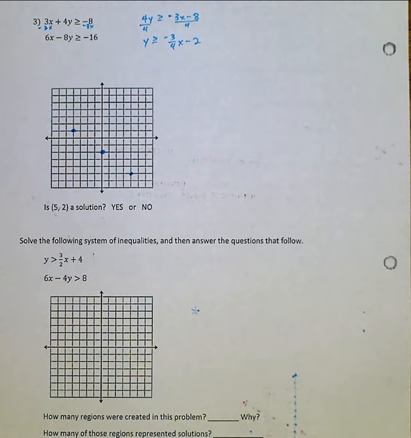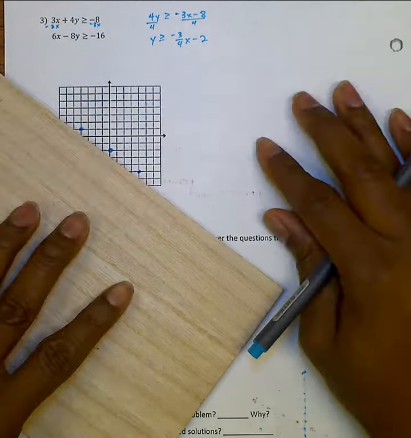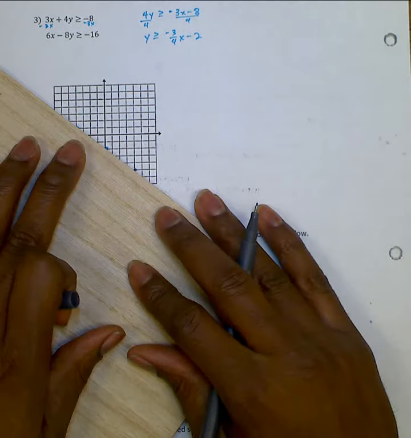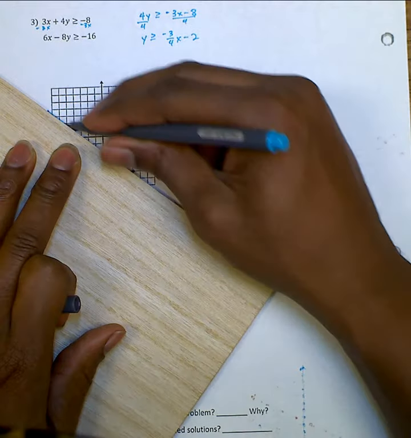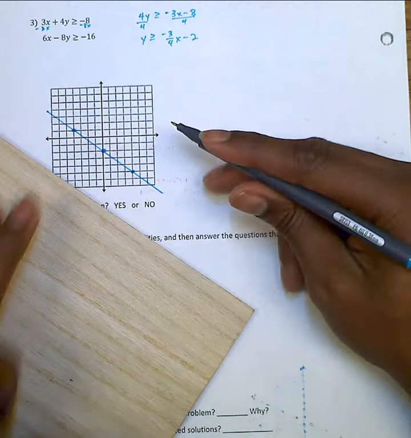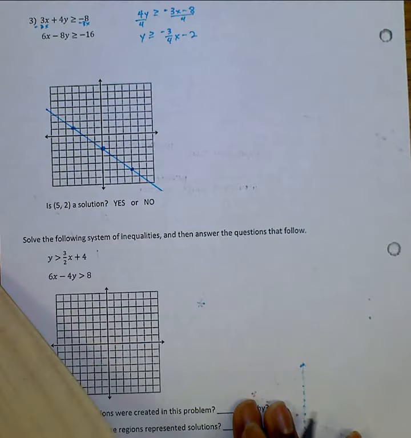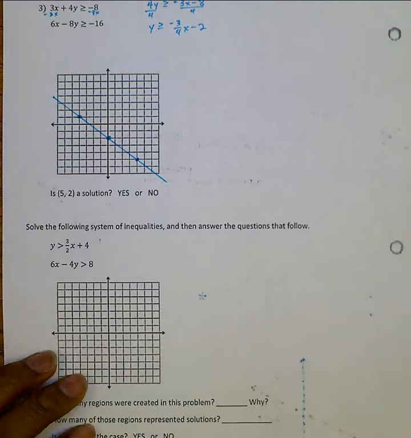Okay, so because it's or equal to, it's a solid line, we will use a straight edge. Okay, and try to make a straight line through there. All right. So that's our first line there.